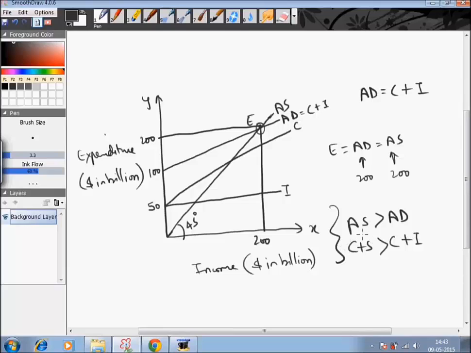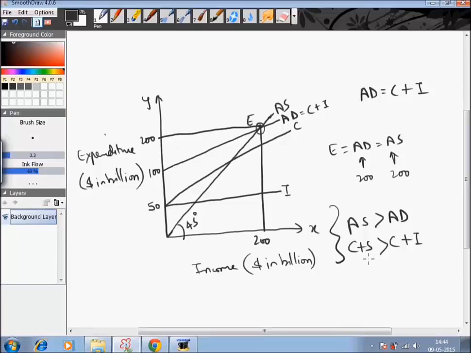Whatever the firms are producing, now listen to this very carefully, they are not able to sell the stocks to the consumers. As a result, the firms will find that they have produced in excess of the aggregate demand, and their unsold stocks are piling up. So they will reduce their production and cut down the expenditure on inputs.